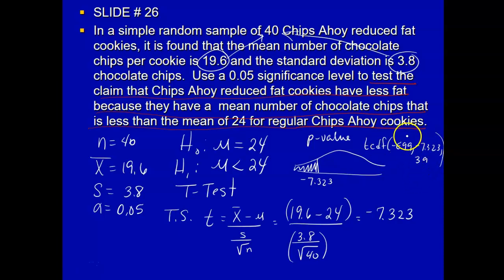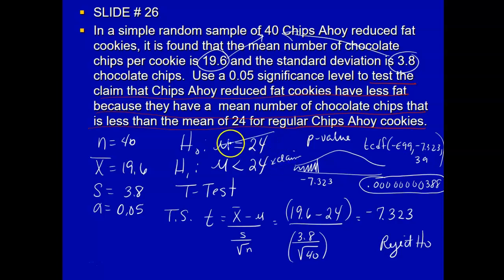If you put this in your calculator, you get a very small p-value. Okay, so this is my p-value. When I compare it to my alpha, it's going to be less than that, so I'm going to reject the null hypothesis. So this was my claim here, so I'm going to reject the null, and so I'm able to support the claim. So there is sufficient evidence to support the claim.